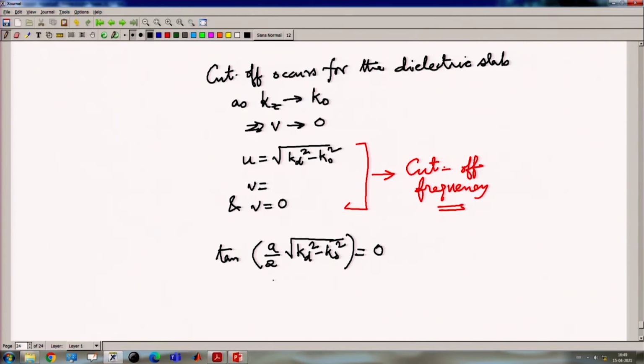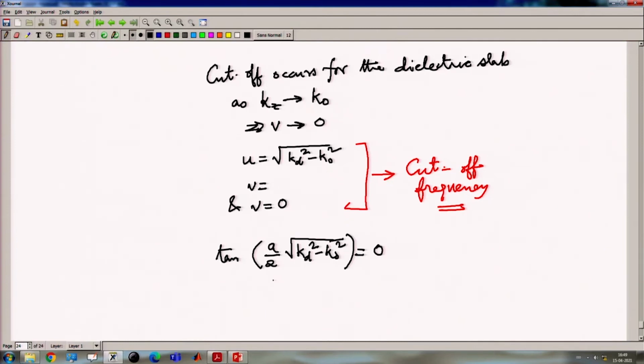Since v tends to 0, the right hand side of 19 tends to 0, and because u cannot be 0, so this equation can be obtained from equation 19.